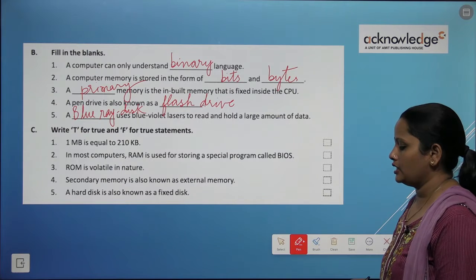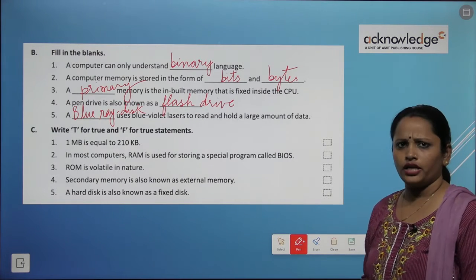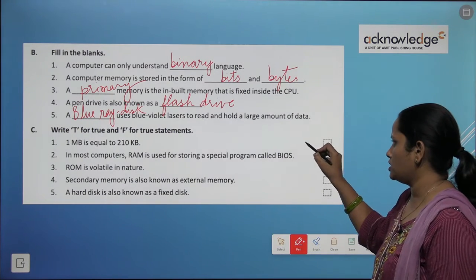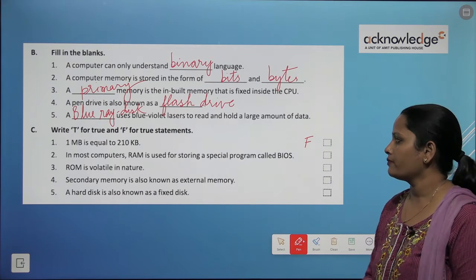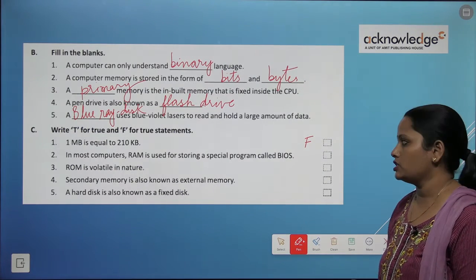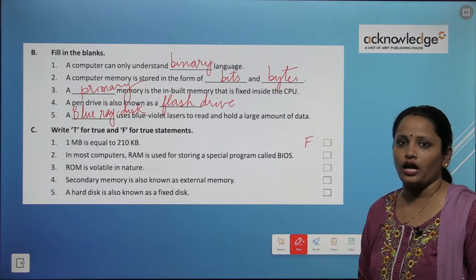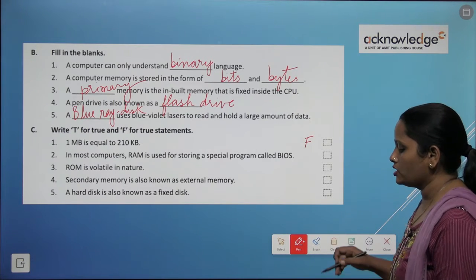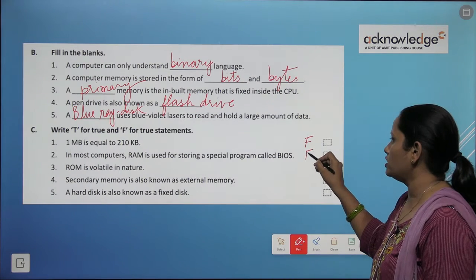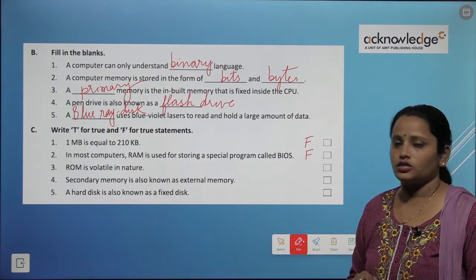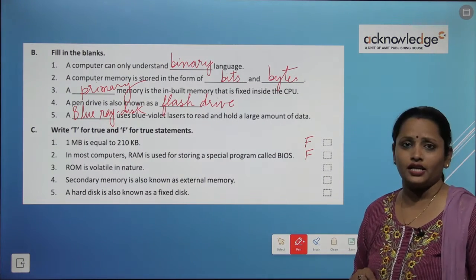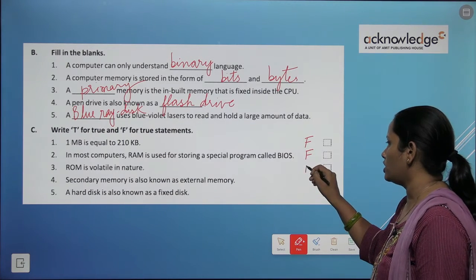1 MB is equal to 210 KB. No, this is false. In most computers, RAM is used for storing a special program called BIOS. No, this is also false. ROM is volatile in nature. No, ROM is nonvolatile in nature.